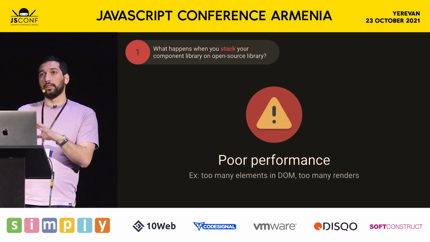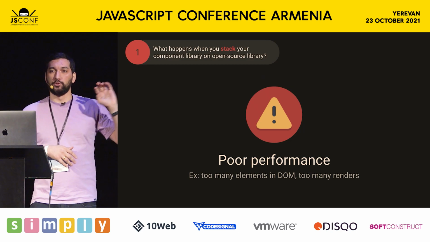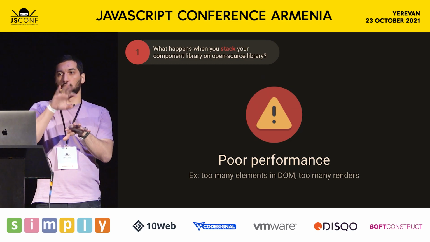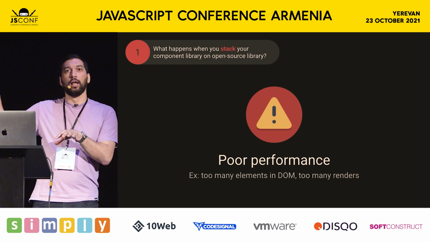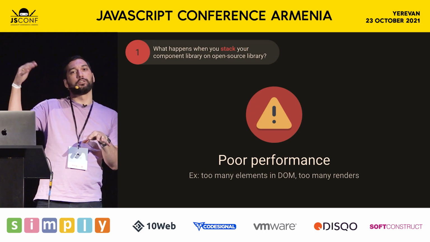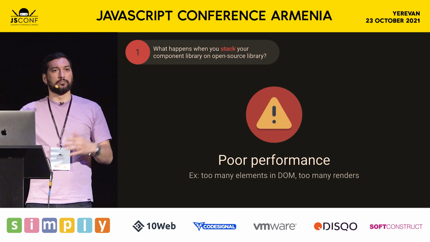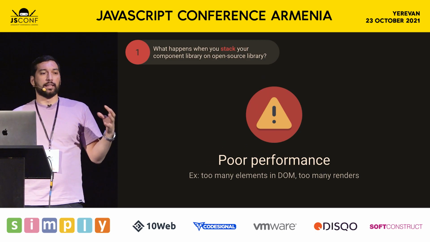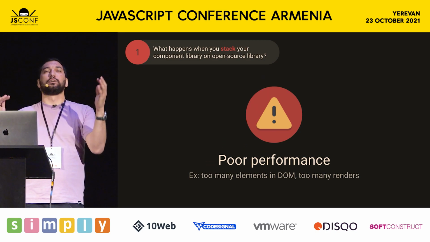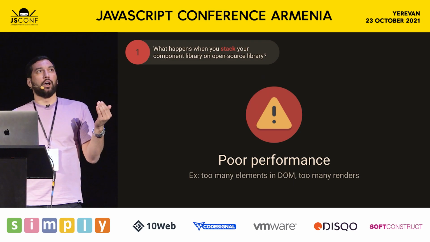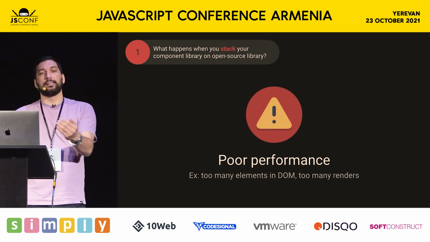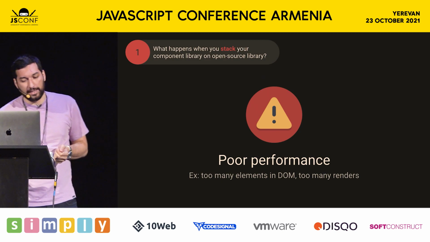In the beginning, everything seems perfect, and you just take a Bootstrap button and wrap it inside your button and call it my company button. But as the number of components increases, especially with big things, like crazy data tables and filters and tree views, it's always the issue, because a single component can have so many nodes in the DOM that just that component could become a bottleneck itself.